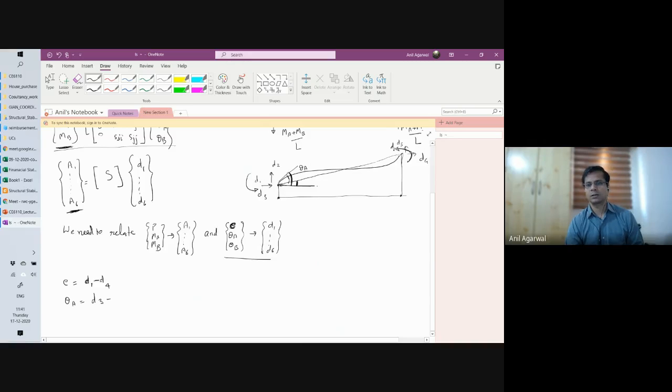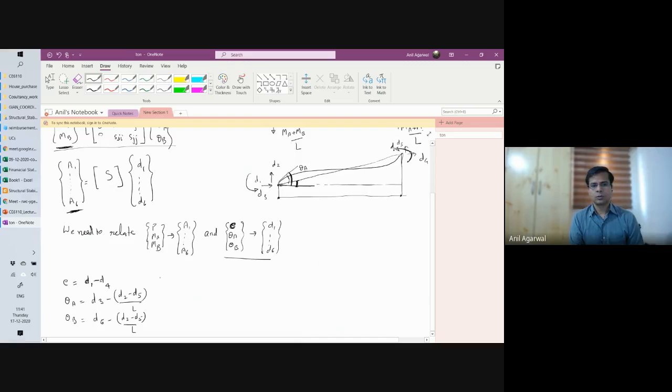And how much is this angle? d2 minus d5 divided by L. Likewise, theta B will be equal to d6 minus d2 minus d5 divided by L.